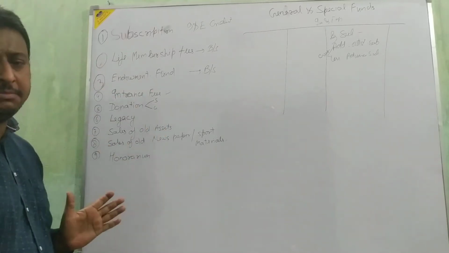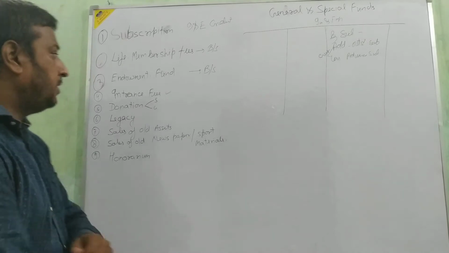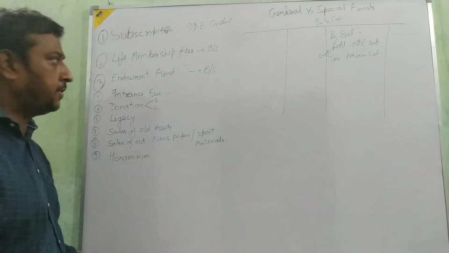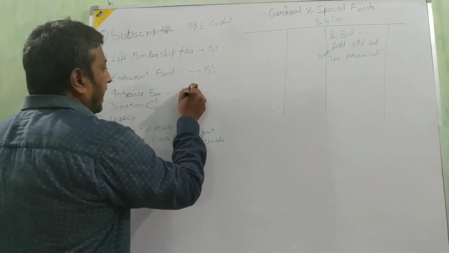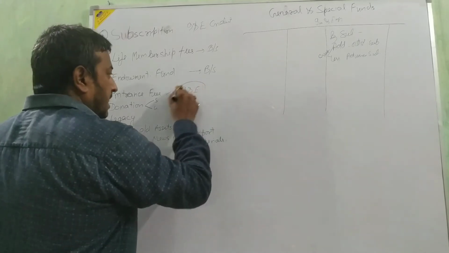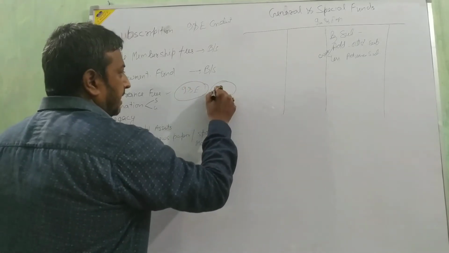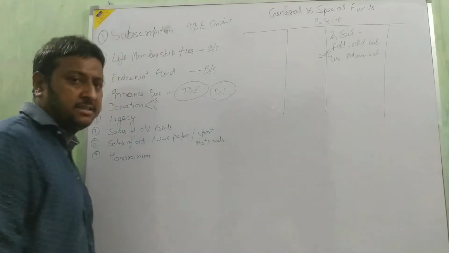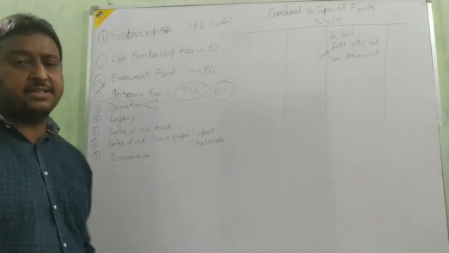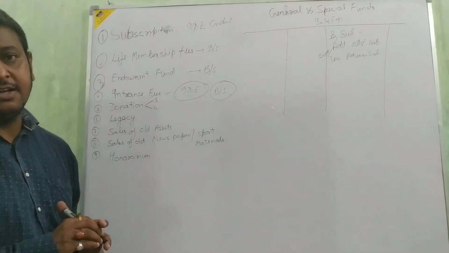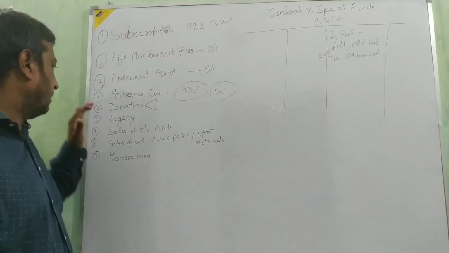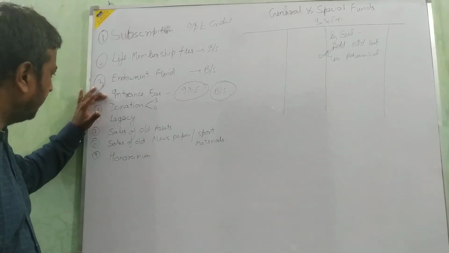If no information is given in the question, we show it in the income and expenditure account. But if any information is there, we show it in the balance sheet. Okay, beta?